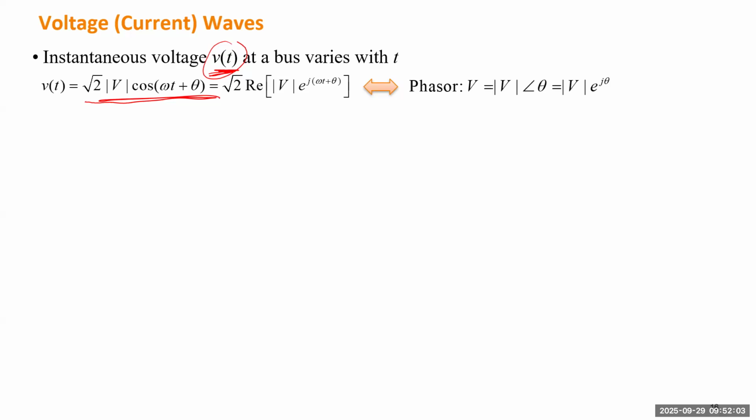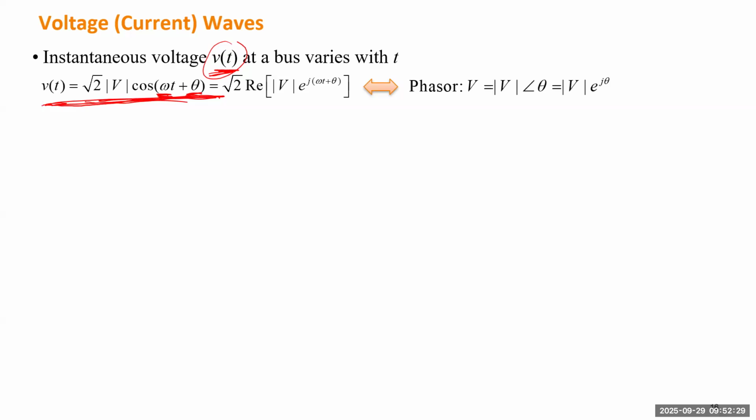So go back to the beginning of section number 2. When we introduced the instantaneous voltage, we assumed some frequency omega, which is 377 radians per second. We also assumed some initial phase. If we define all those parameters, then we have an accurate formula for the instantaneous voltage.